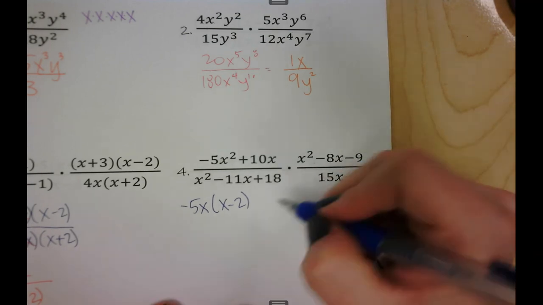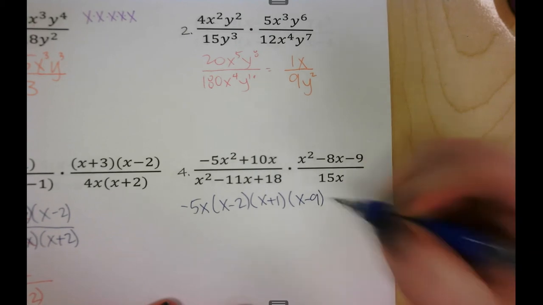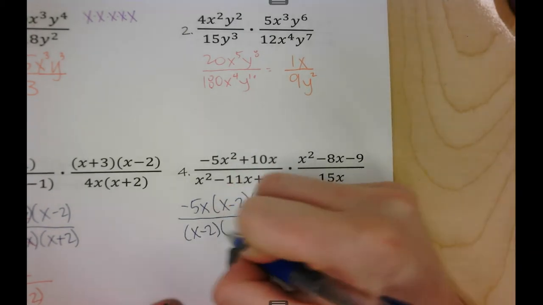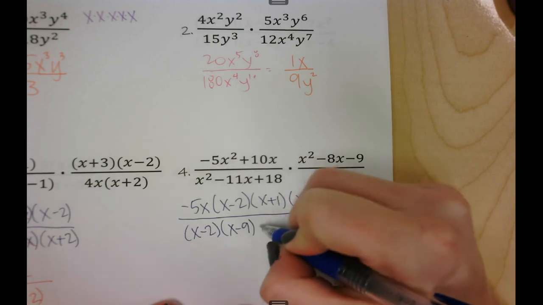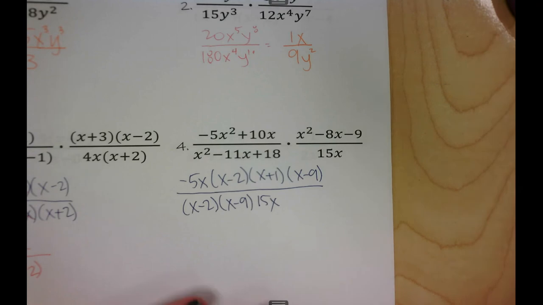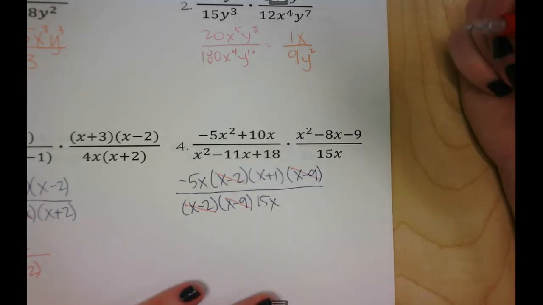The factors here, I just plugged this into the calculator, x minus 9 over x minus 2, x minus 9 times 15x. All right, let's eliminate x minus 2, x minus 9.